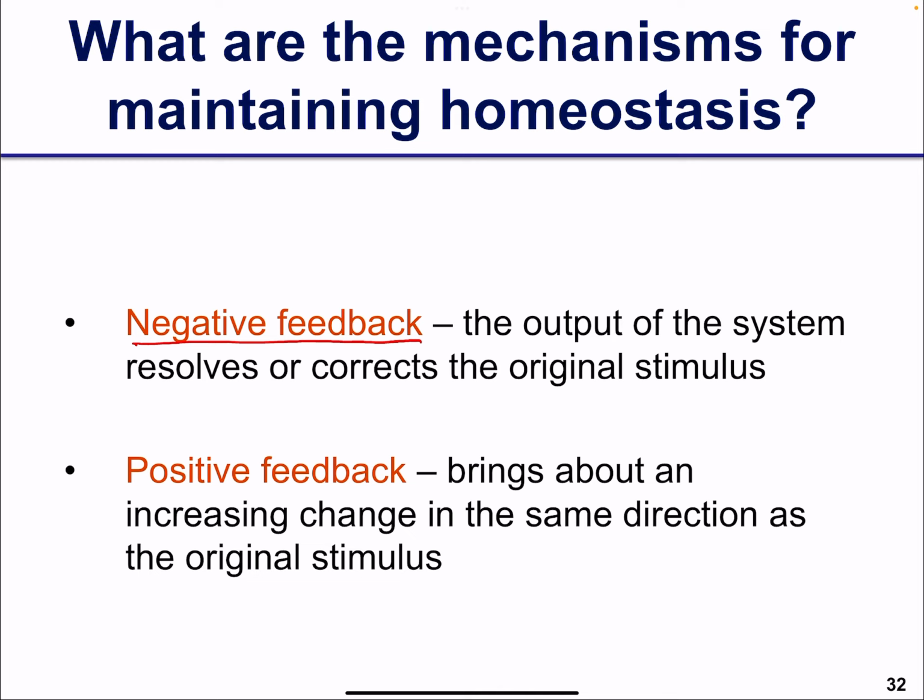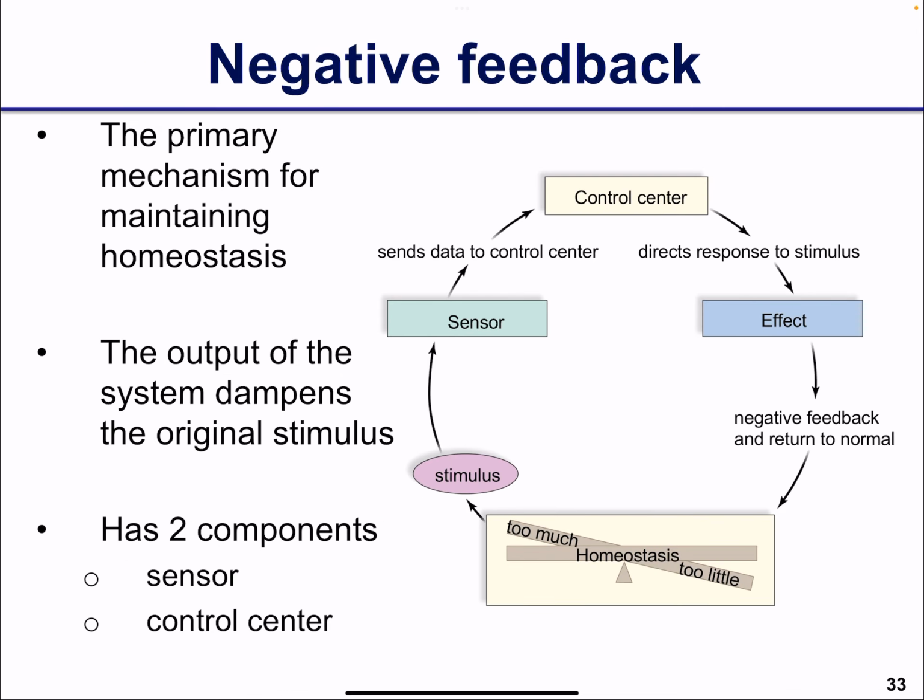All right? While a positive feedback, it's going to be a mechanism by which the product of the response to a stimulus is going to trigger even more response to that initial stimulus, right? I'm going to give you some specific examples as we go.